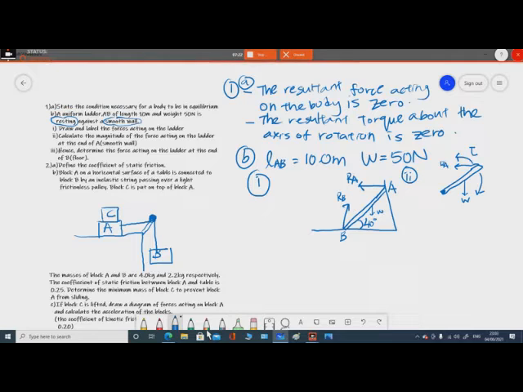As for the weight of the ladder, this force will give us the clockwise direction when we describe this ladder in terms of torque, which is rotational motion. Okay, so since this ladder is in equilibrium condition, it means that clockwise is actually equal to anti-clockwise.